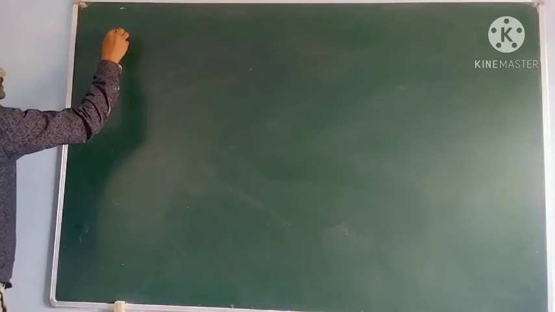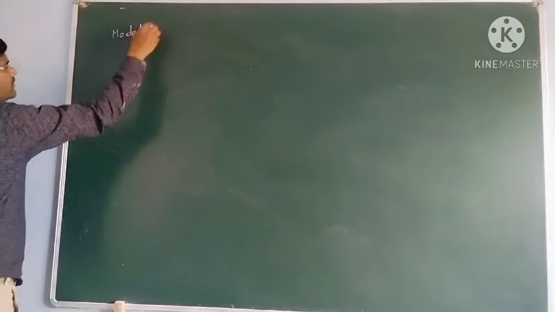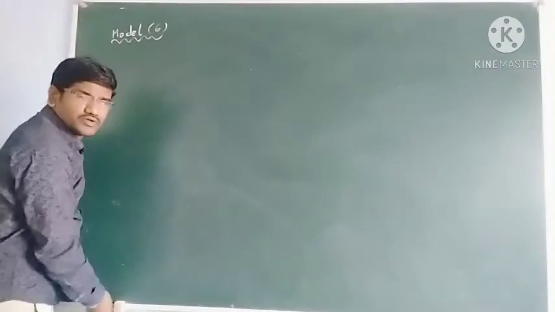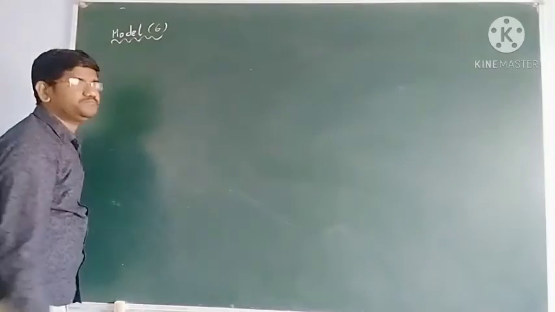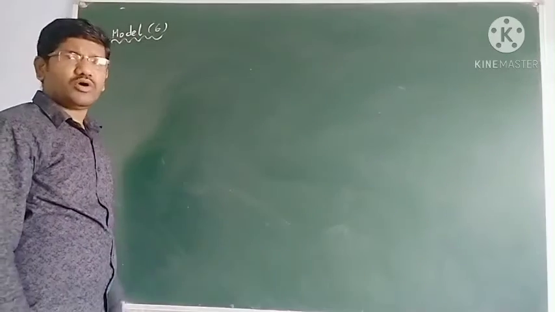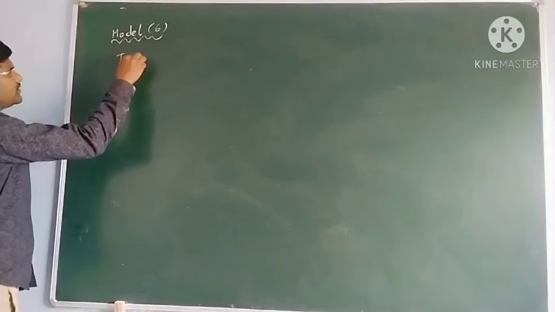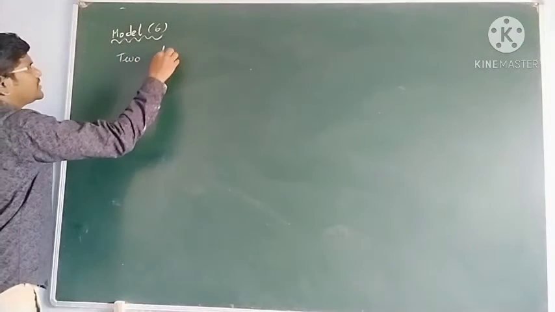And another model you see students. That is the next model, maybe the 6th problem I think. So what have they given? There are two objects which start from rest.